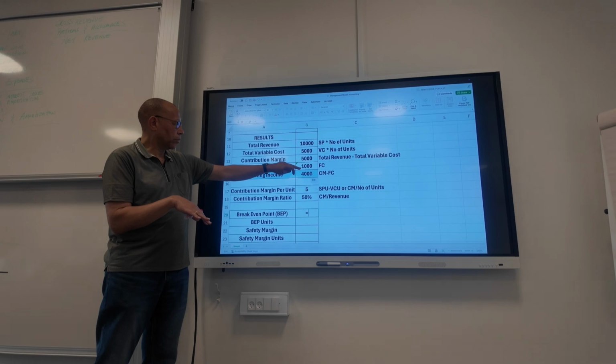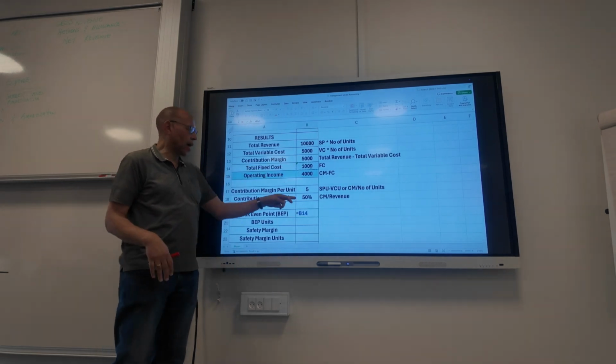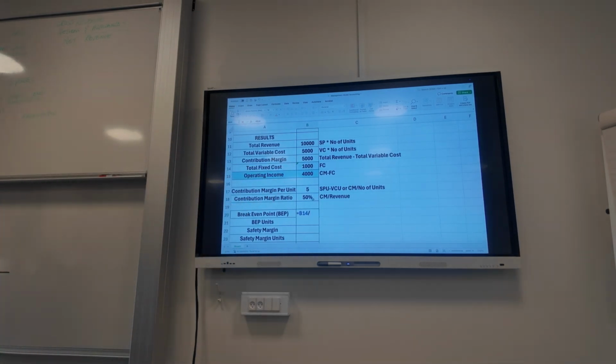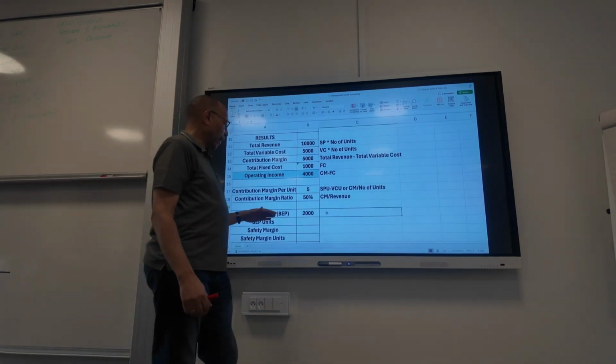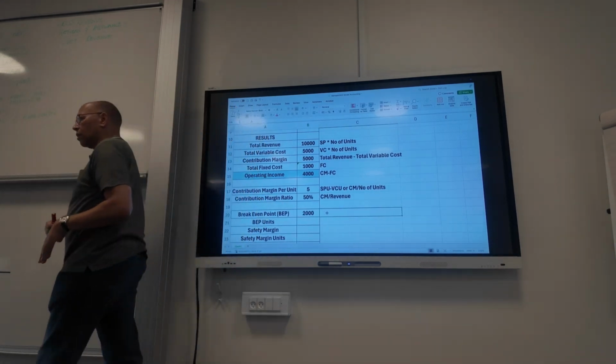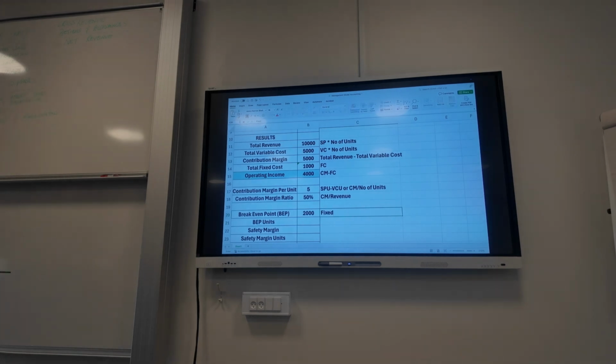You want the cell in your model: fixed cost divided by contribution margin ratio. So our break-even point in revenue is 2,000, right?